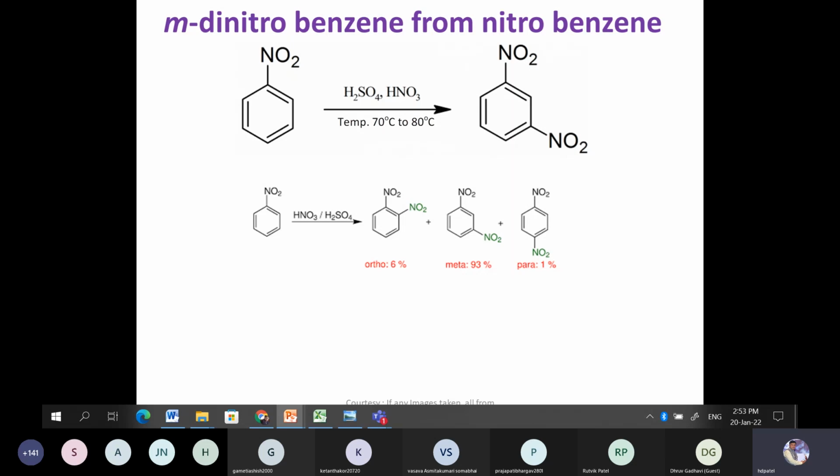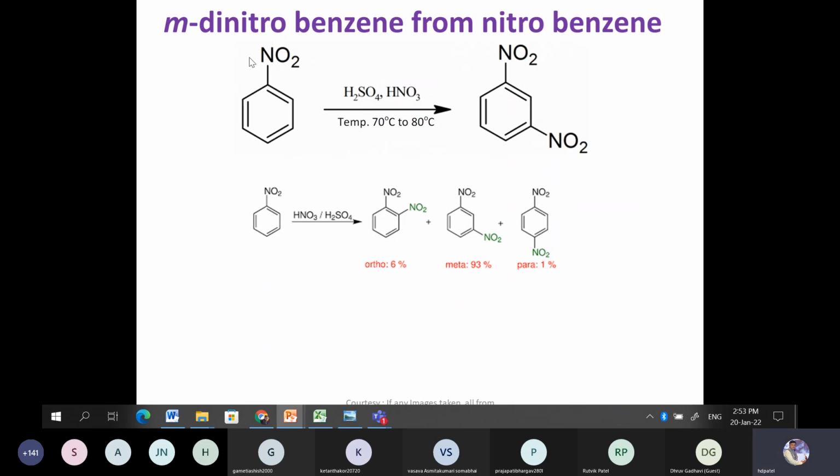Now, the first reaction is meta-dinitrobenzene from nitrobenzene. Here we have nitrobenzene. Our substrate already has one nitro group, which means this group acts as a directing group.